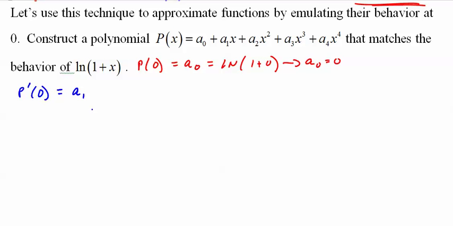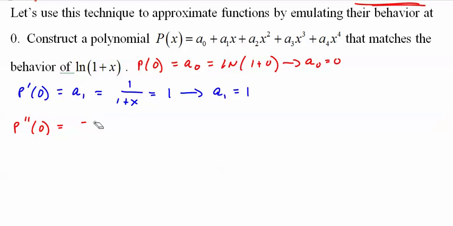And we get the derivative of natural log of 1 plus x, 1 over 1 plus x. Remember, we're putting in 0. Get 1. a1 equals 1.